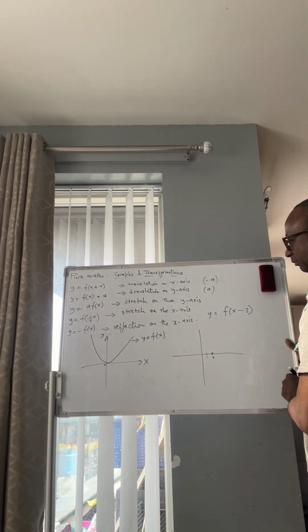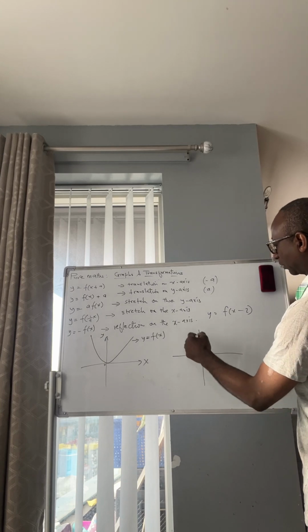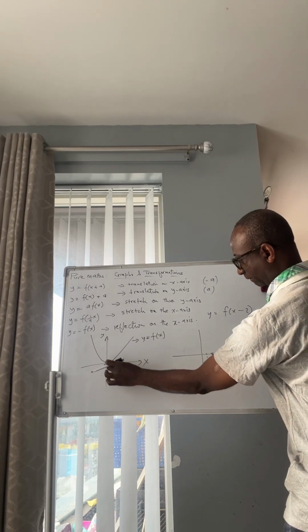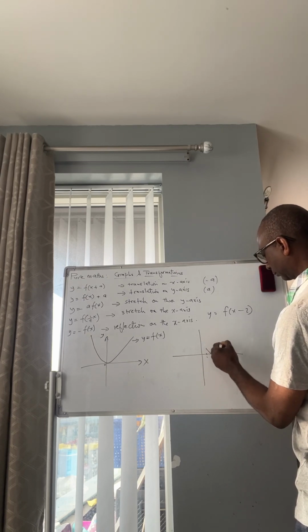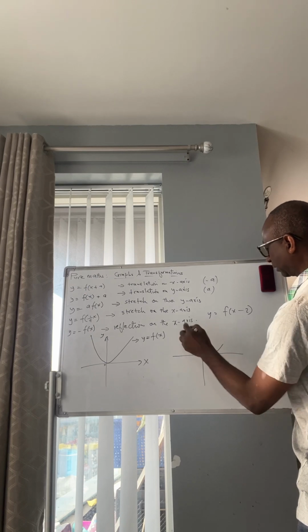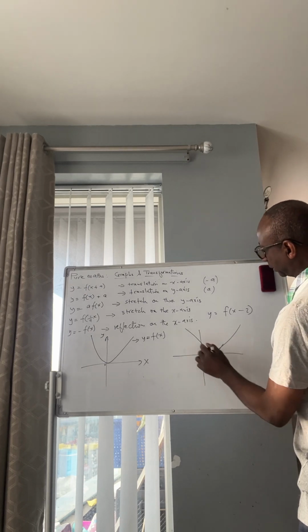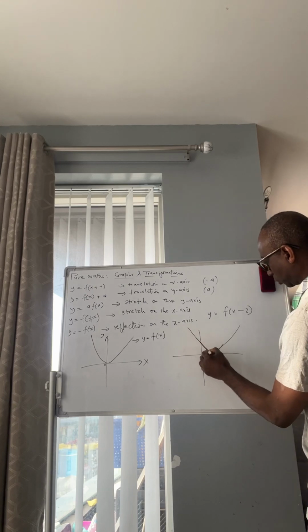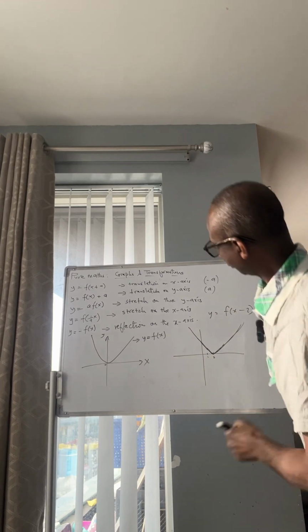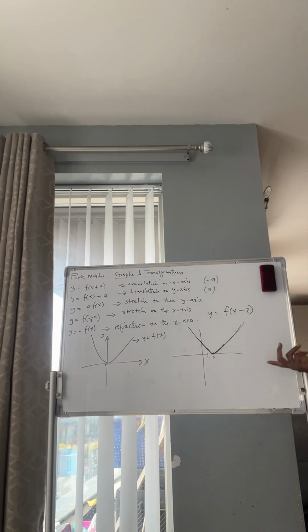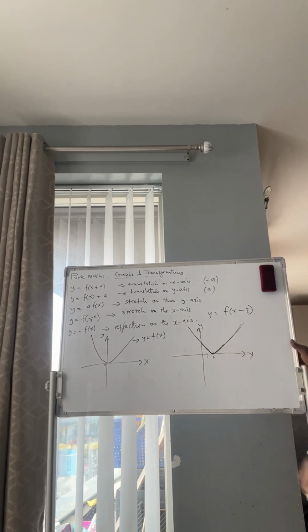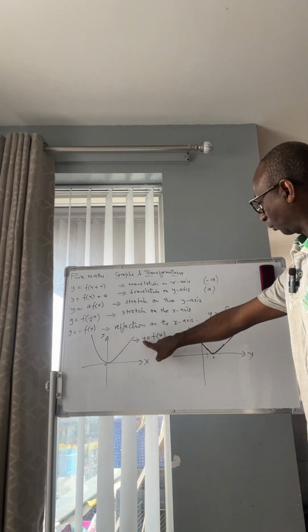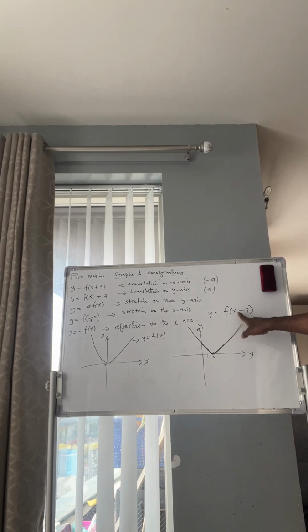It's moving 2 units, so your vertex will now be here. Sorry, my drawing might not be appropriate; it should be a smooth curve. You've transformed the graph y equals f of x to y equals f of x minus 2.